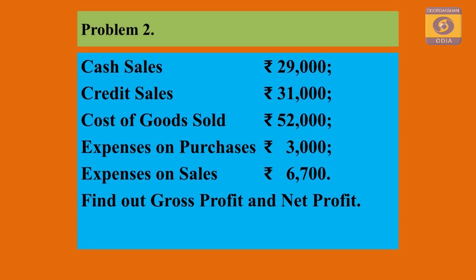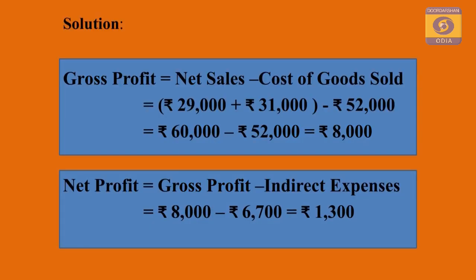So this question is: cash sales given to you is rupees 29,000, credit sales 31,000, cost of goods sold 52,000, expenses on purchases is 3,000, expenses on sales is rupees 6,700. Find out gross profit and net profit. So just have a look at this. Gross profit is equal to net sales minus cost of goods sold.